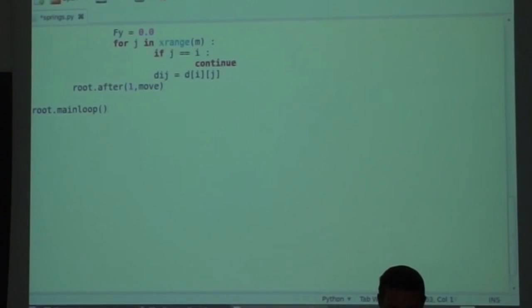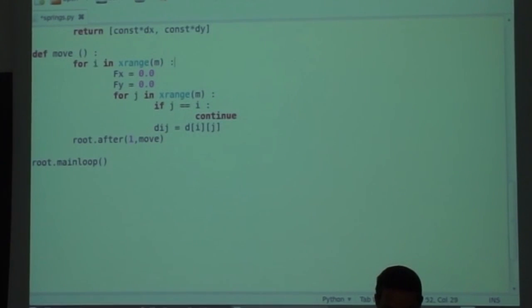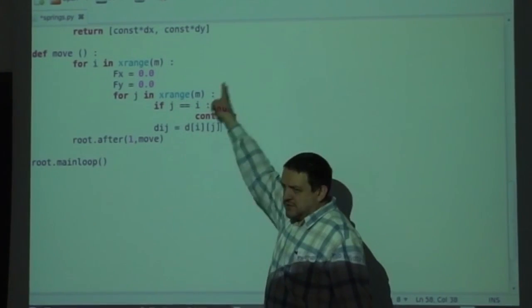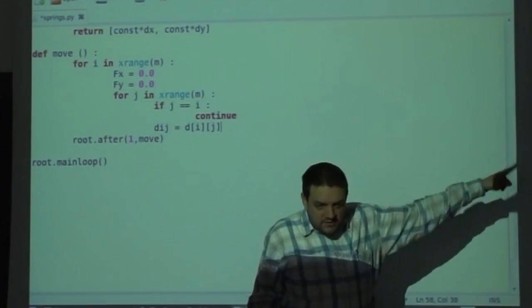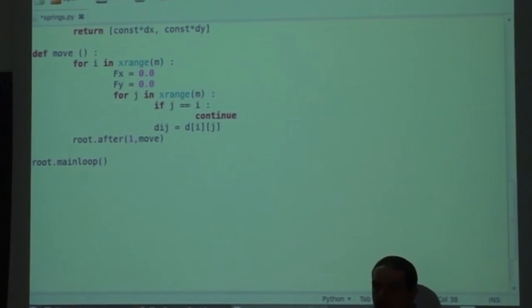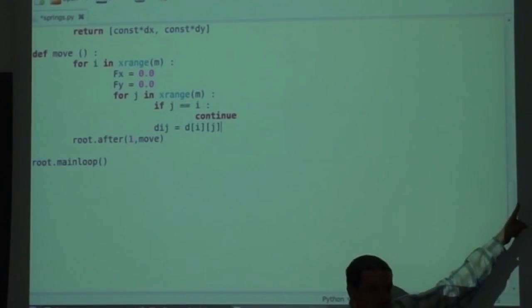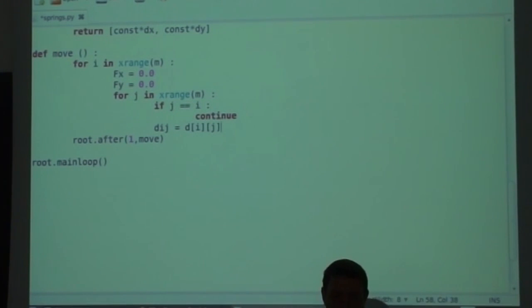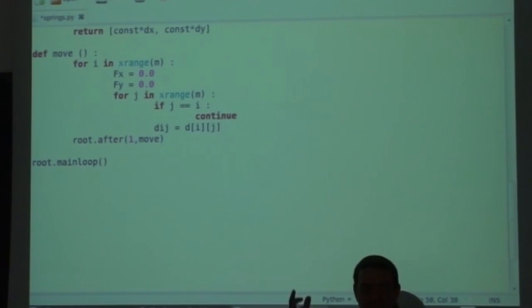D was the matrix like that. I assumed that 0 means don't care. Of course, we never need a Euclidean distance of 0.